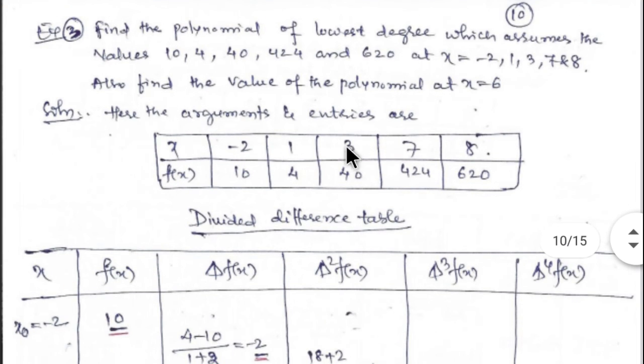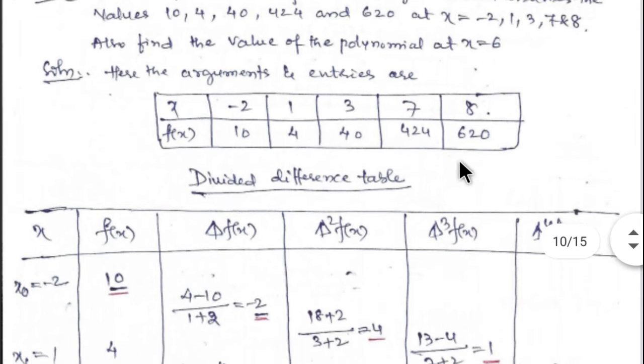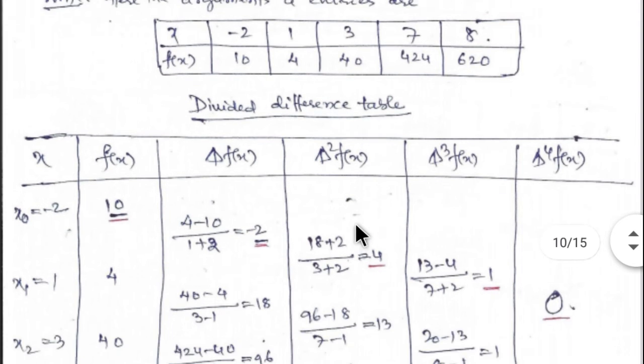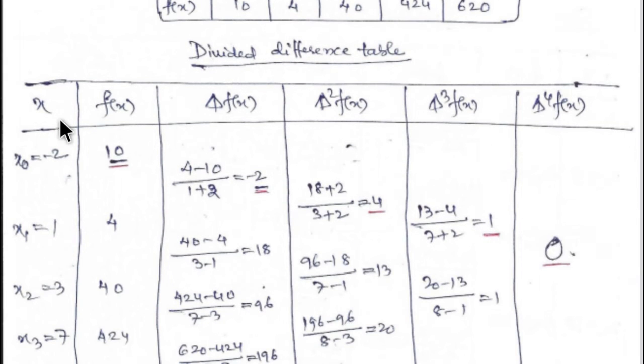Okay, whatever they give, you can write in table form. Here the arguments and entries are written like this. These are x values. Sometimes they give it like this, and then you can write the x values in the table. Then construct the divided difference table. X values you write vertically.